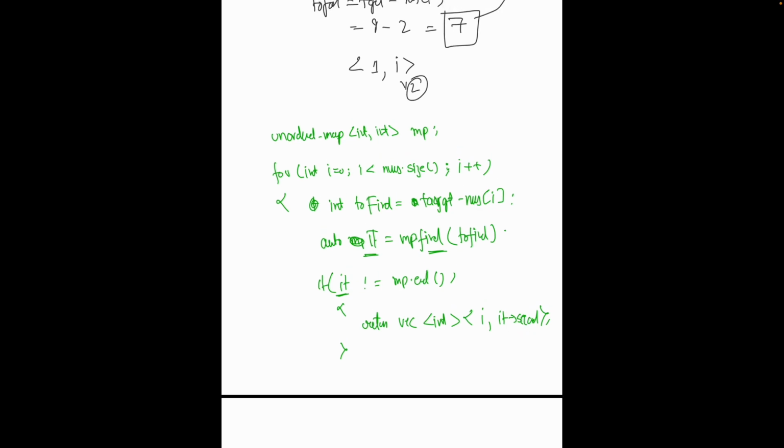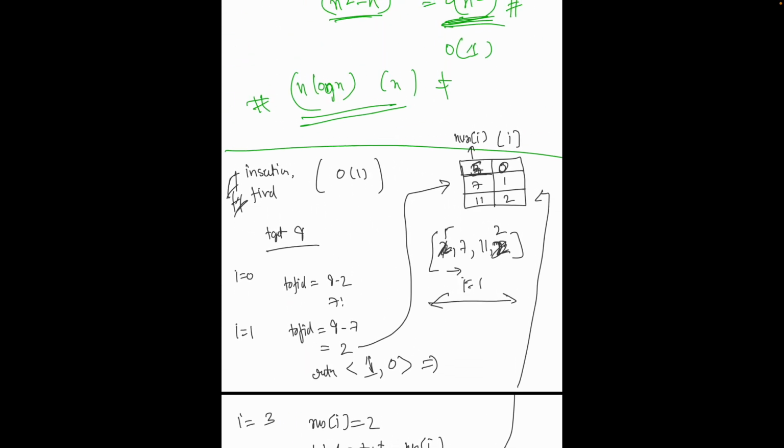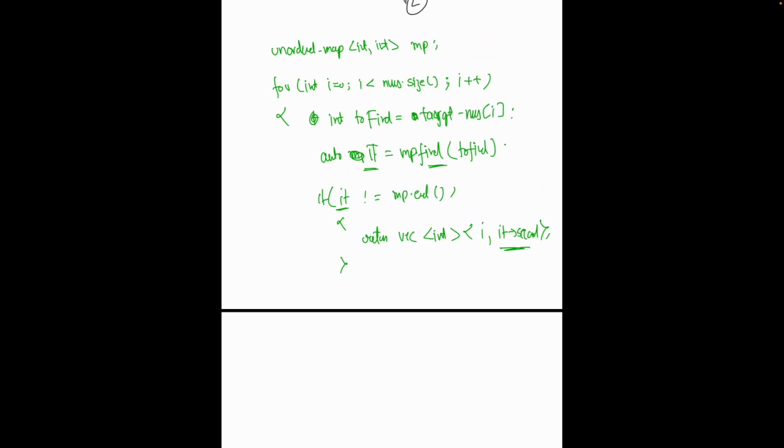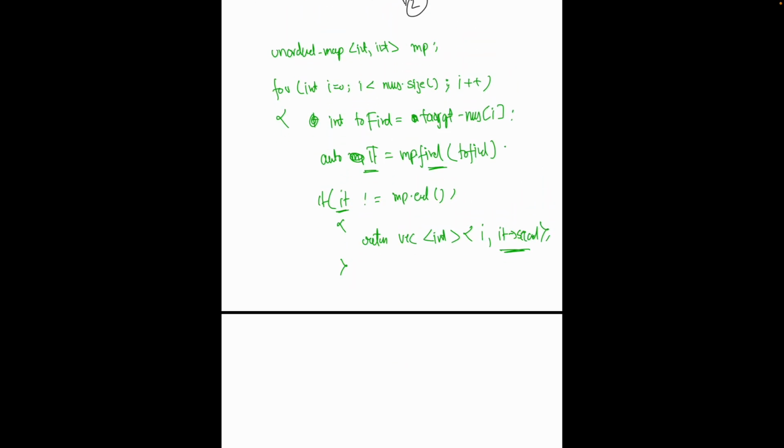The reason is, in the map, we are storing the number and then the index. So if the iterator points here, first of iterator is this, second is this. Whenever we find the number, we have to return this one, so it is second.